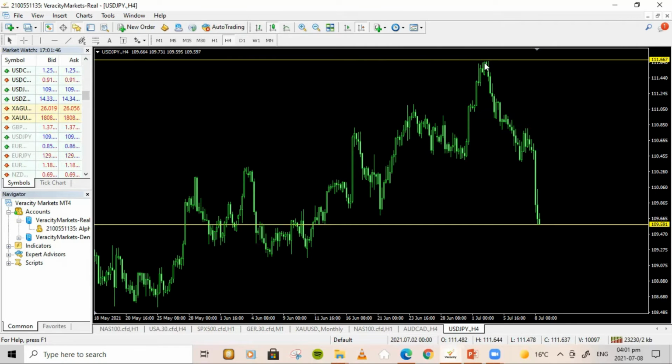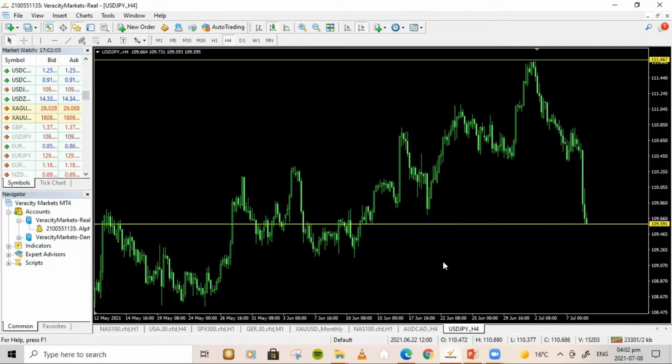It's resistance because the market hasn't broken above it, so it's restricting the market from going above it. So this is still resistance. However, if it gets broken where the market goes above it, it's no longer resistance. It's going to be support.